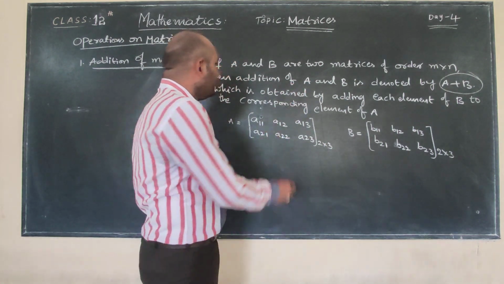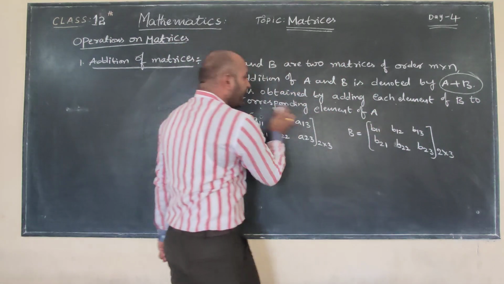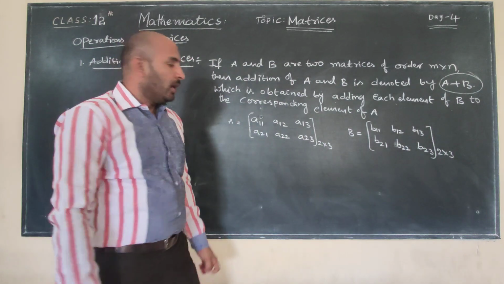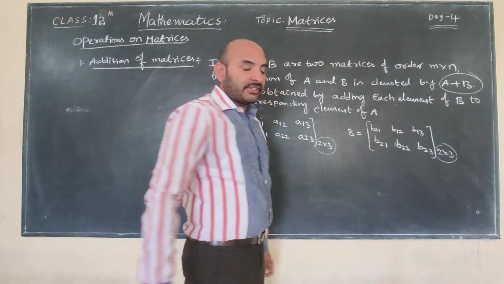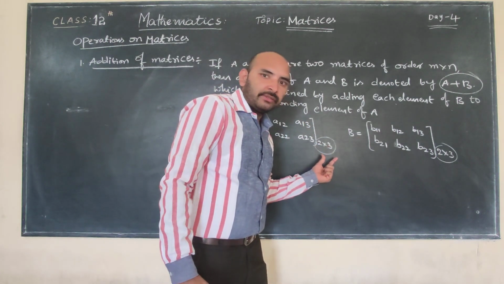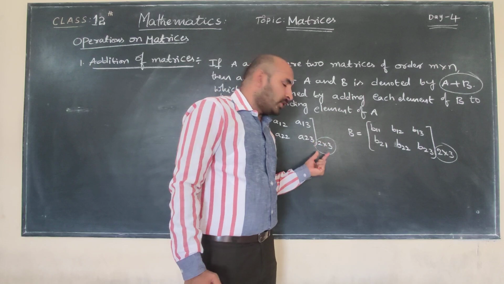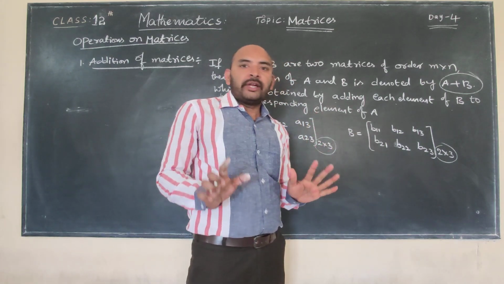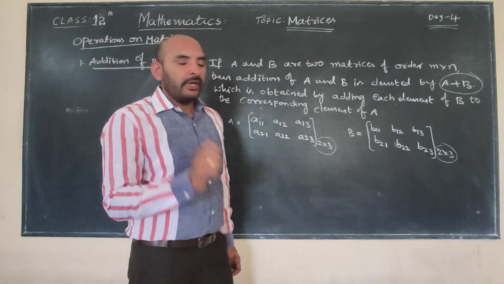According to the definition, it is obtained by adding each element of B to the corresponding element of A. Observe, their orders must be the same, either 2 by 2 or 3 by 3 or 2 cross 1 or 1 cross 2, whatever order you take, but both matrix orders must be the same only.